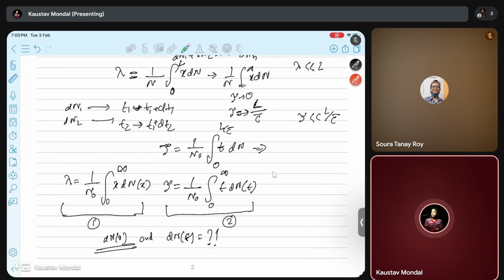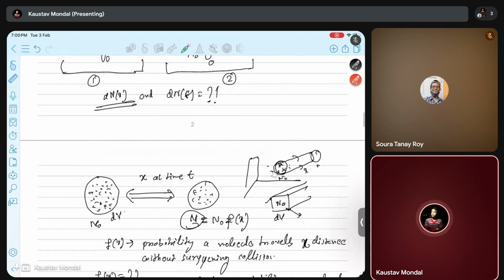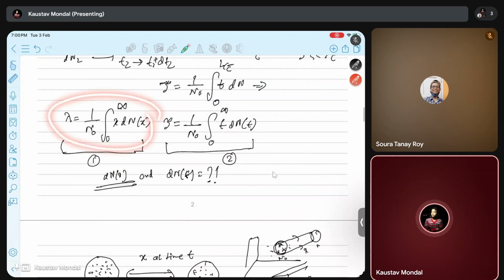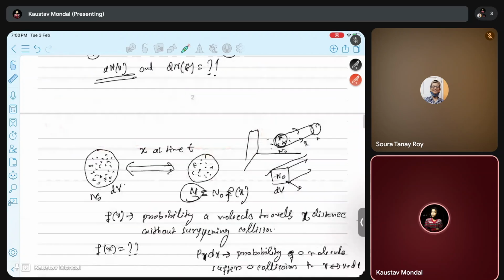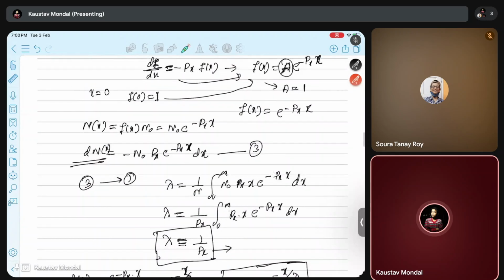Since gas molecules collide when they move in the atmosphere, the mean free path is given by this integral equation, and its average collision time is given by this expression. In order to get a closed form of these two expressions, we first calculated the survival probability of the gas molecules.